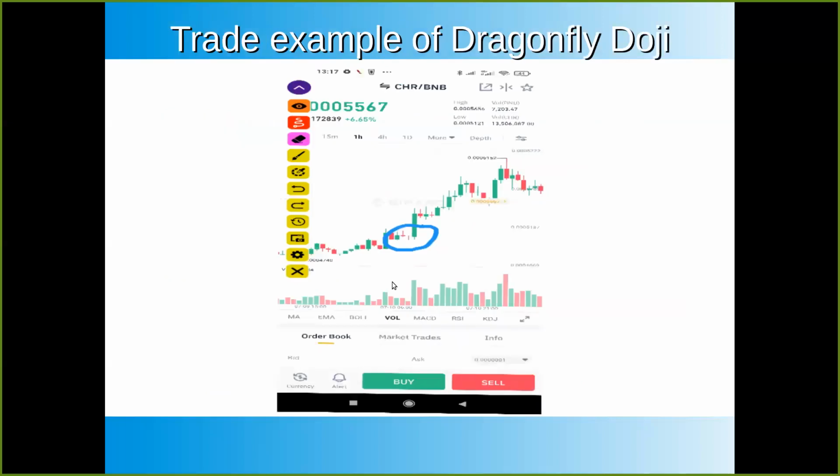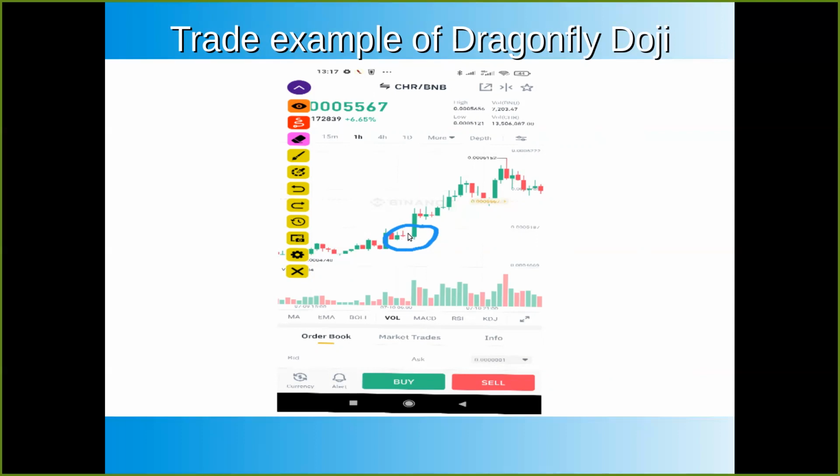Now let's look at a few examples of it. If you can see this particular place, it is printed here. This is a dragonfly doji. And immediately it printed the pattern here. You see, the market was already in an uptrend. So you can see another one, the first one here. It pushes it up, tries to bring it a little down, sideways trend.